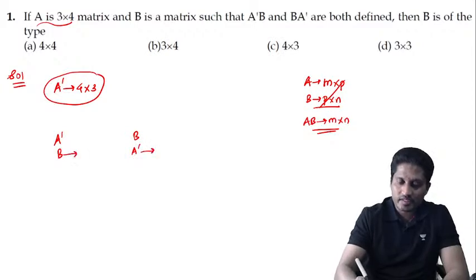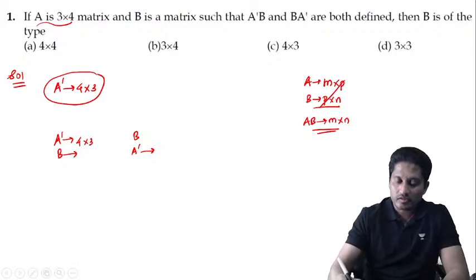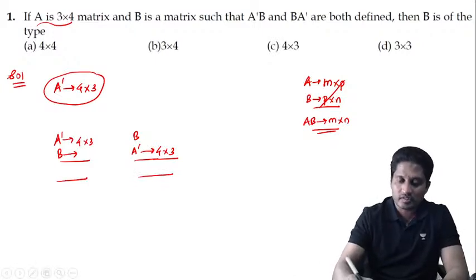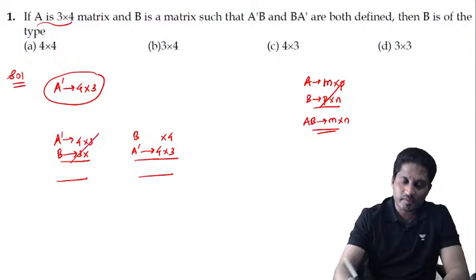According to the question, A dash is a matrix of order 4 by 3. If this is 3, this should also be 3. If this is 4, this is also 4. The number of columns of the first is the same as the number of rows of the second.